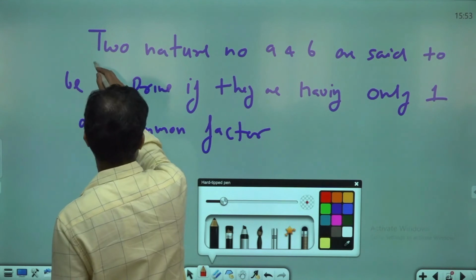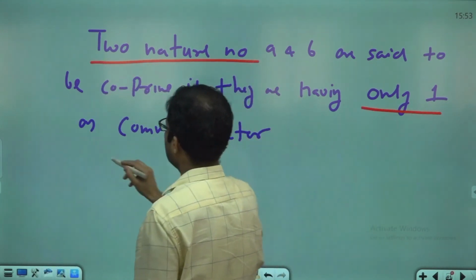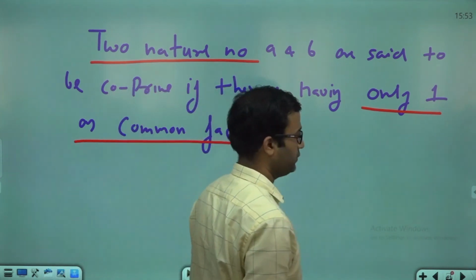You underline important thing, two natural number and only one as common factor.